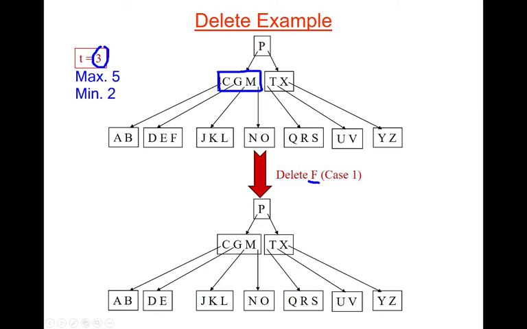So this node has at least t keys. Okay, we can go down, and now in the leaf we find this F, and deleting a key from here does not violate this condition, so we are simply going to delete this key from this node, which is case 1, right?